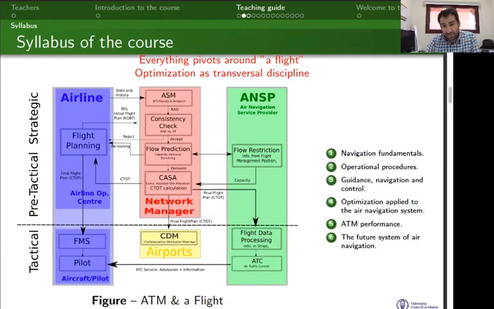As for the syllabus of the course, I have to say that the course is structured around a flight, right? What type of services do we need if we were intending to fly from one airport to another, say in 6 or 8 months, as an airline?